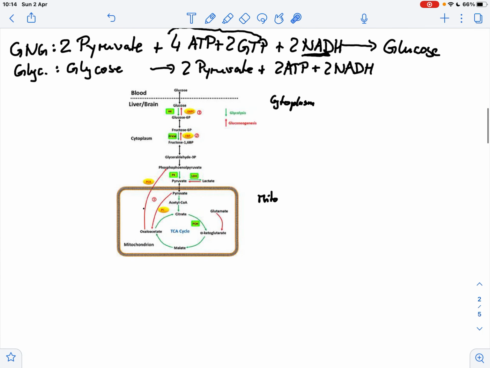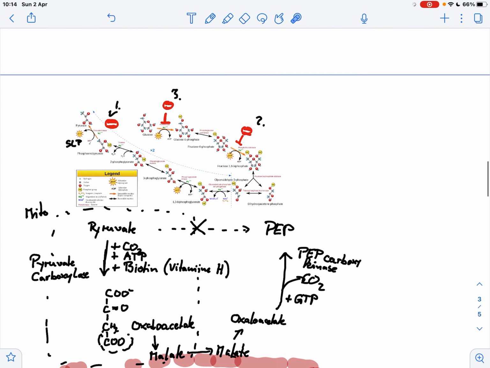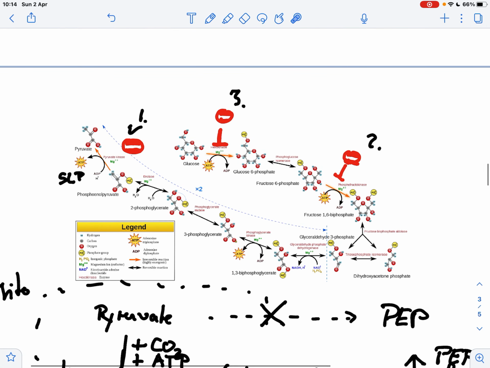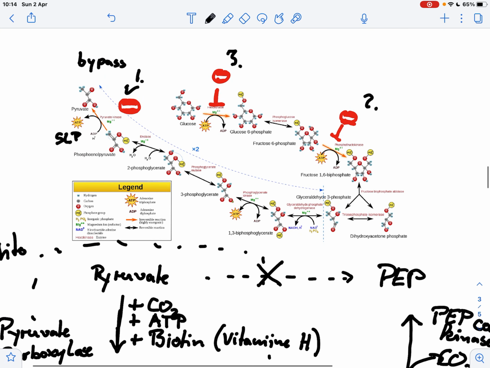So when we look at gluconeogenesis, we basically can say here in step 1 we had to do a bypass. Oops, that's not the right one. We had to do a bypass from pyruvate to phosphoenolpyruvate.